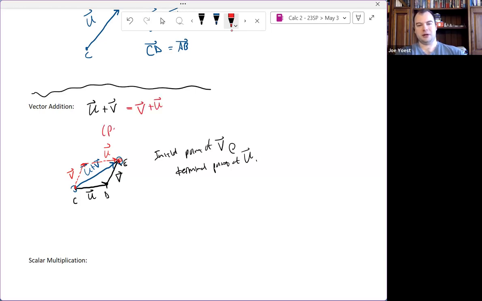This is sometimes called the parallelogram rule, because V then U versus U then V makes a parallelogram, and you're just going from one corner to the other. It doesn't matter which path you go along, whether you go along V first, then U, or vice versa.